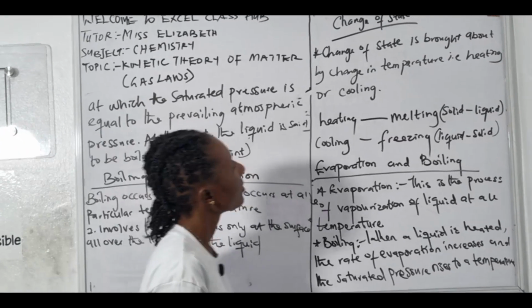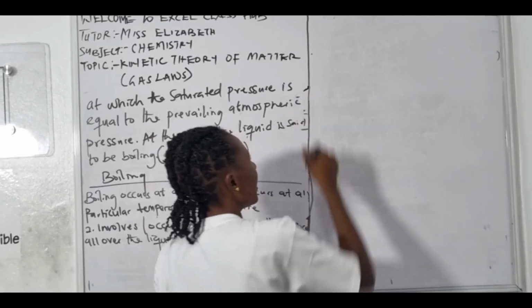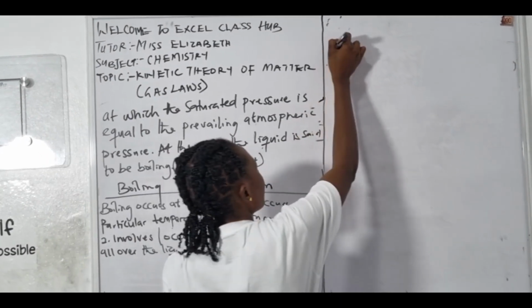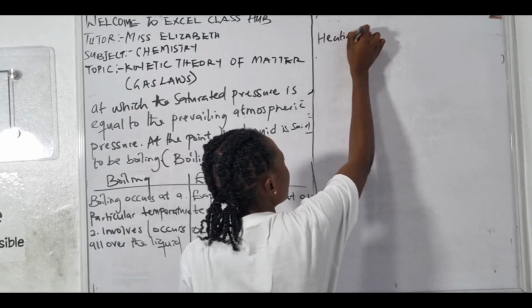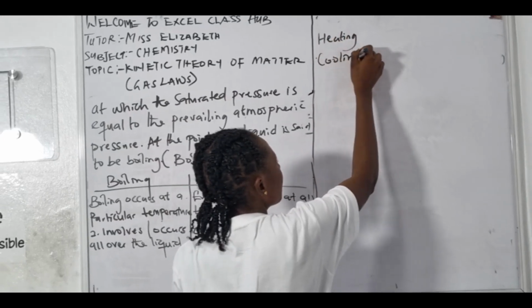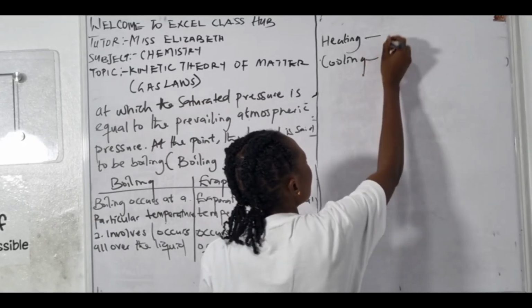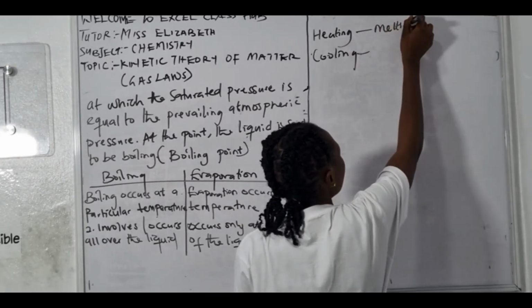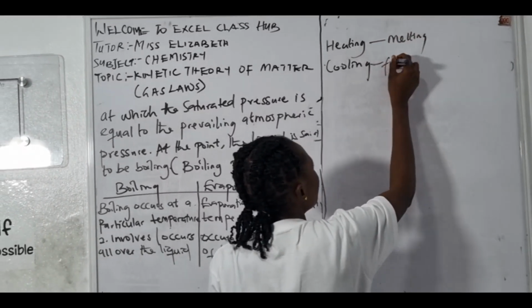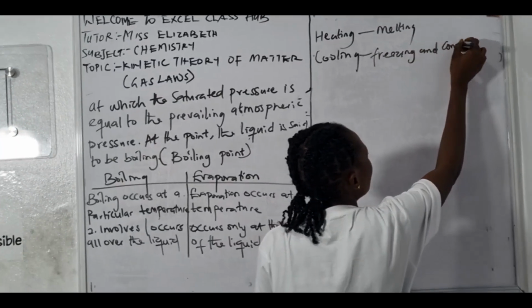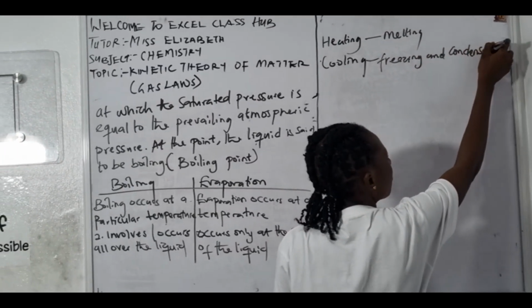Going further, still on change of state, like I said earlier, change of state occurs at a change in temperature. So we have heating and cooling. Heating brings about melting, cooling brings about freezing and condensation.